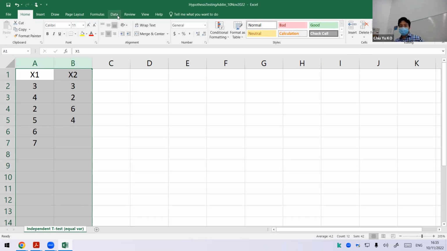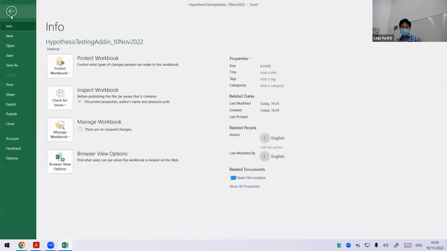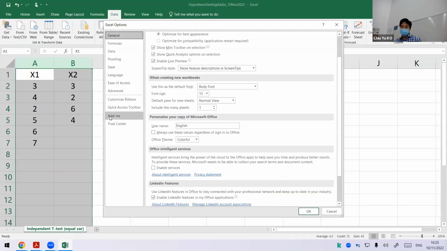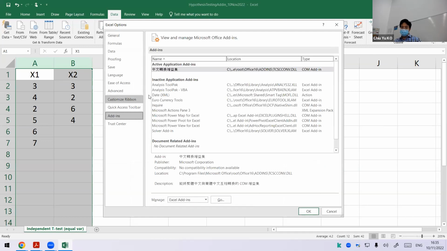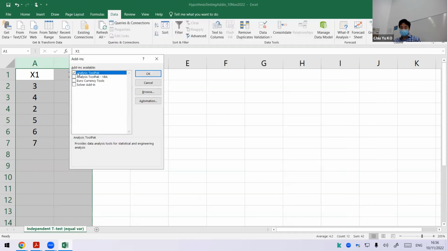Add-in is under Data, and you can see from this, we don't have it installed yet. If you use Windows, it would be File, Options, and then Add-ins. Then I have to add this Analysis ToolPak. I go to Manage, go to Add-ins, and then I click the button and OK.